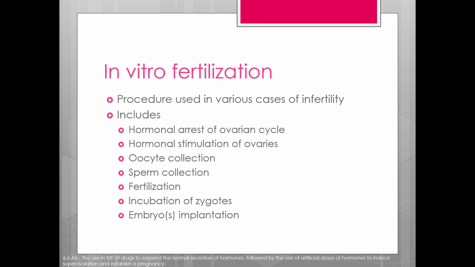But in many cases it may not happen. If for some reasons the couple cannot get pregnant, then it may be assisted by a range of medical procedures, one of them being in vitro fertilization. The first thing is that it is not always needed, even if a couple is infertile.